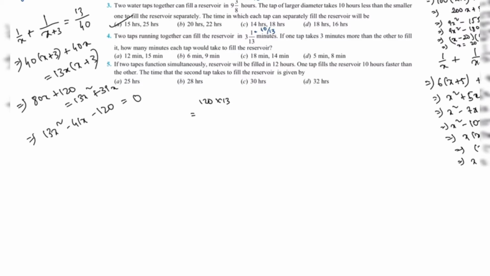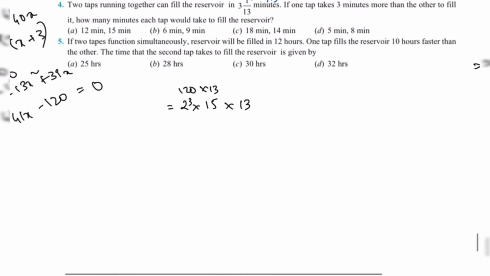Now let's write this as how much? 2 square into 30. So yeah, we should have 2 cube times 15 times 13. So from here we have to get two numbers whose difference is 41. So you can see that we have a 30 here and a 52 there, so it does not work.